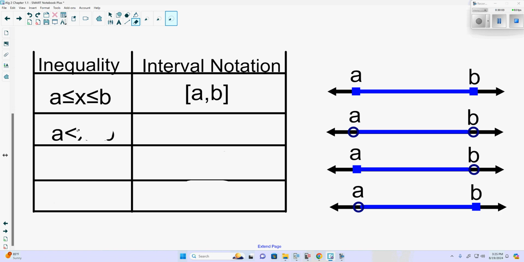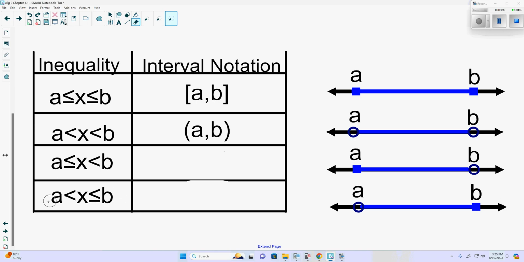Now the second one is similar to the first, except they're not equal to. A is less than X is less than B. So we have parentheses A, comma, B parentheses, two parentheses, because parentheses are used when it's not equal to. Now the other two we have are very similar to each other. It's just that one endpoint is included and the other is not.